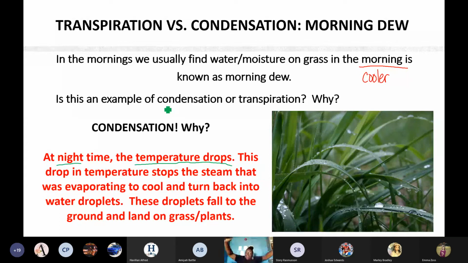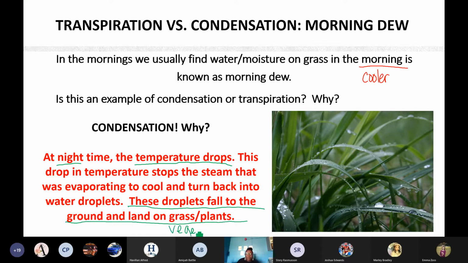Remember, heat rises, cold sinks. So when that water vapor stops rising, it turns back into water droplets and falls back to the ground. So that means those droplets of water would land on the ground or grass, vegetation around us.